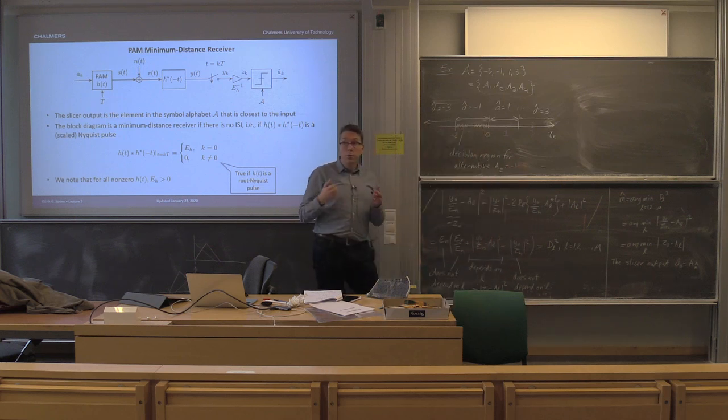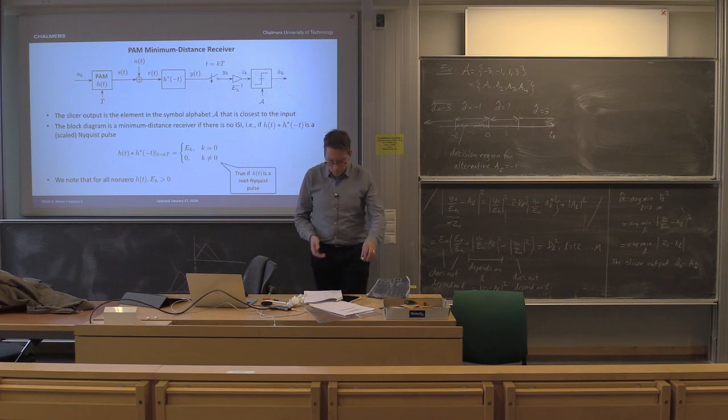So for each signal alternative, we have a decision region. And basically, the slicer only says, look at the input and say to what decision region does this input belong, and then spits out the corresponding signal alternative. Was this relatively clear?